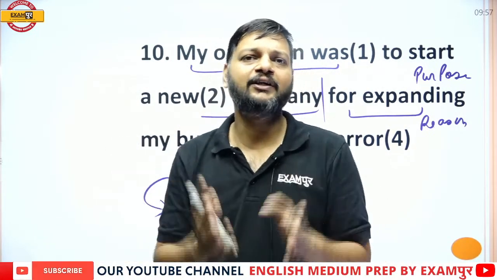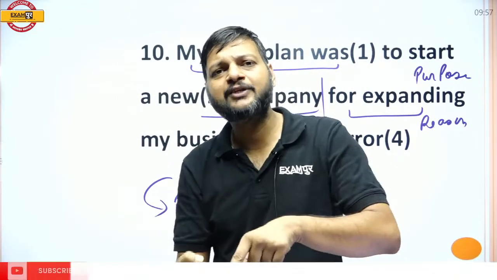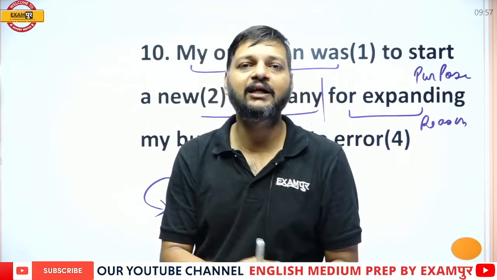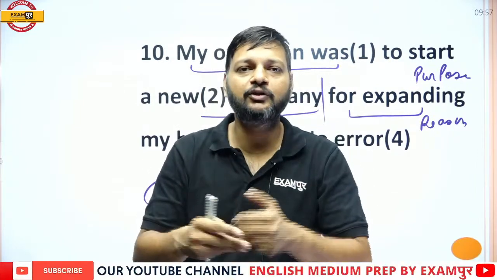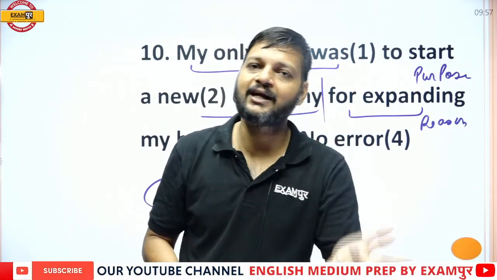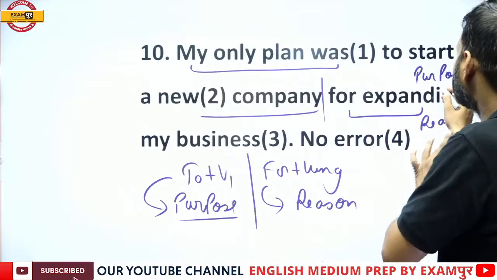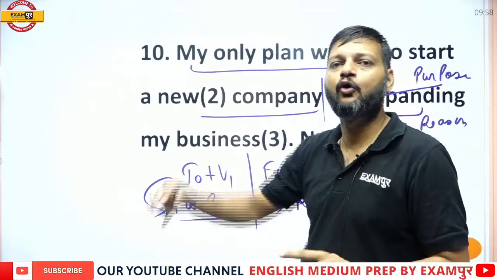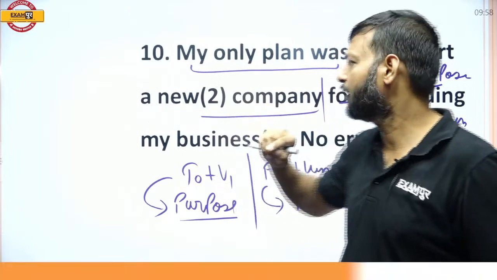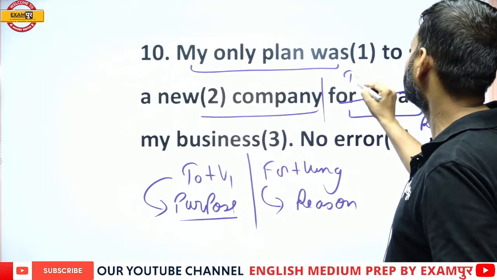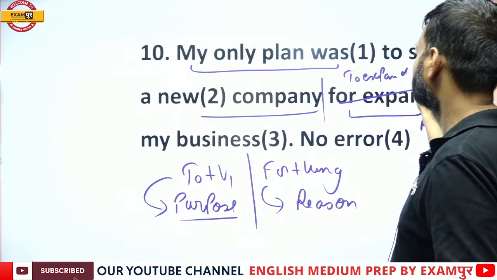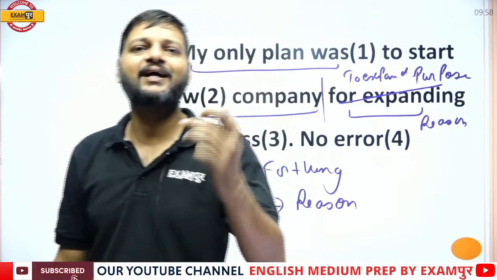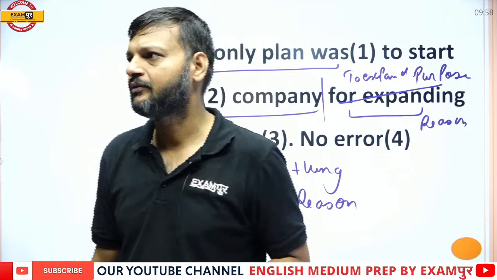Is it a purpose or a reason? Expansion is always the purpose of starting something new. That's why in this sentence you cannot use for expanding, because expanding here is the purpose of starting the new company, right? So here we have to use to plus V1, that is to expand. For expanding is the reason and to expand is the purpose, and if you are starting a new company you must have a purpose, right?